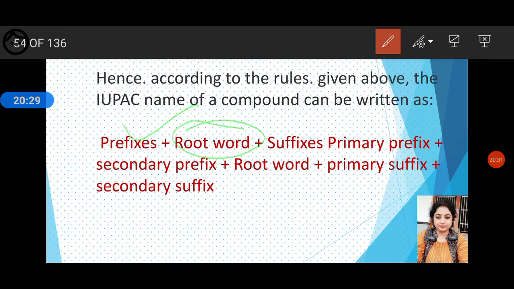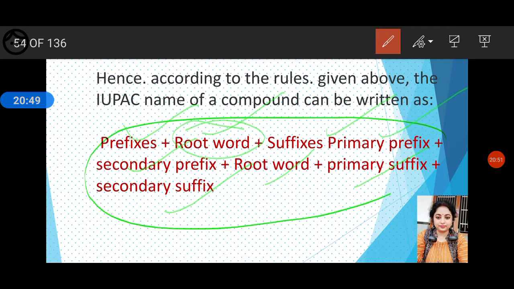First we write the prefix, then the root word, then we add suffixes: primary prefix, secondary prefix, root word, then primary suffix, then secondary suffix. It is not that everything will be present in every compound. This is the way we have to write the name. Any 2, 3, 4 can be present, and all can also be present.